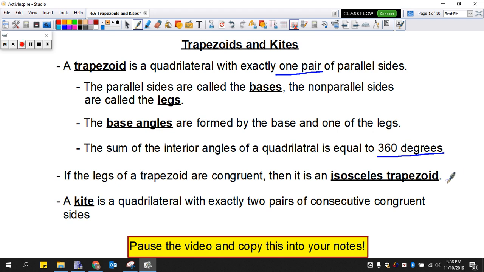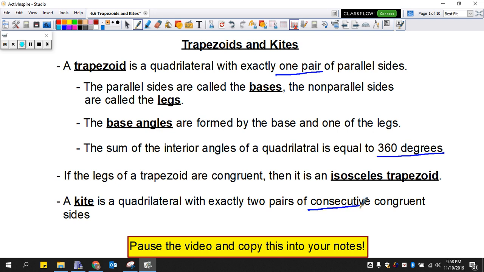A kite, on the other hand, is also a quadrilateral, but it has exactly two pairs of consecutive congruent sides. So the congruent sides are consecutive.